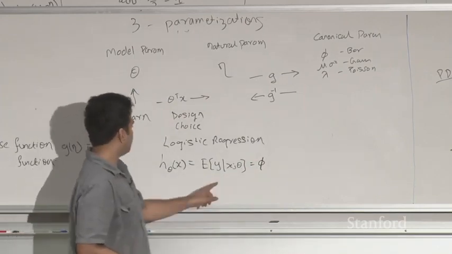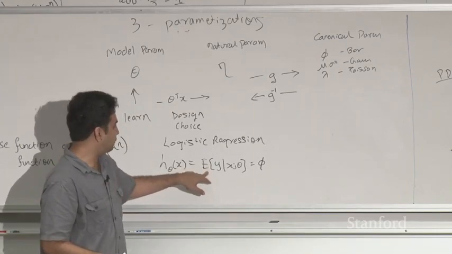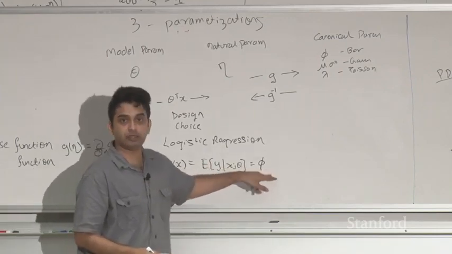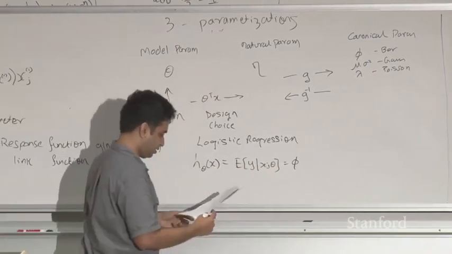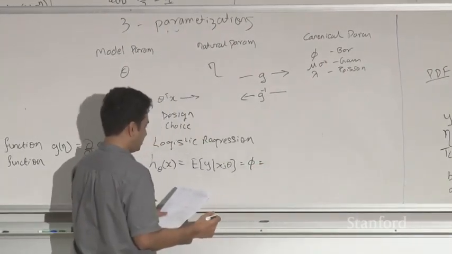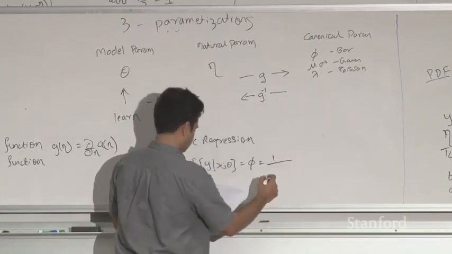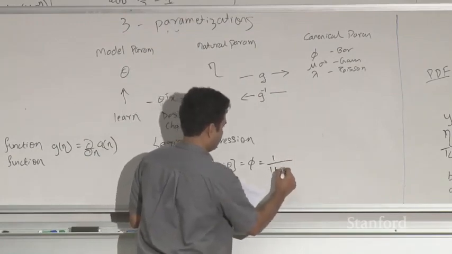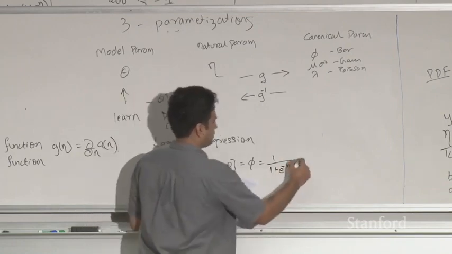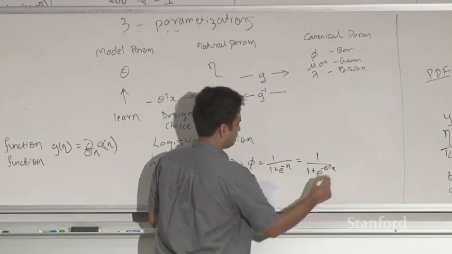Because here the choice of distribution is a Bernoulli, and the mean of a Bernoulli distribution is just phi, in the canonical parameter space. And if we write that in terms of e to the minus eta, this is equal to 1 over 1 plus e to the minus theta transpose x.